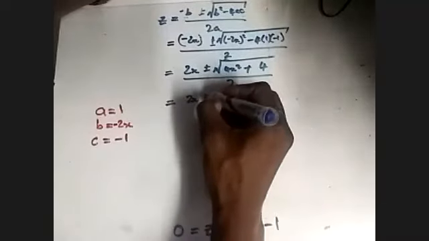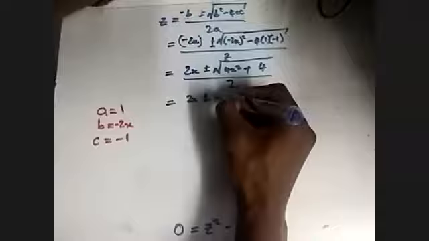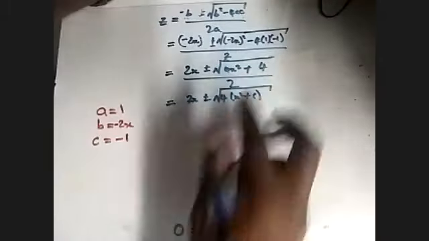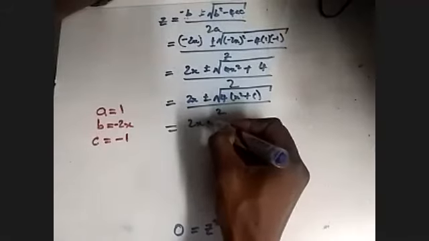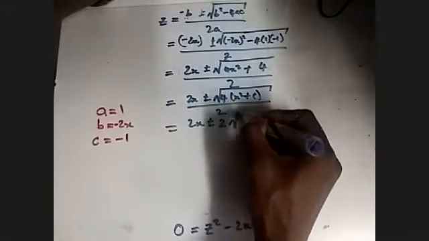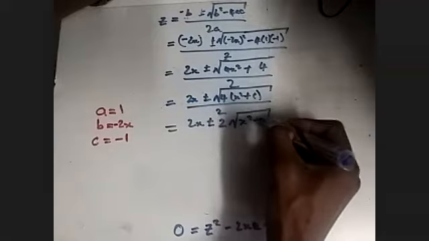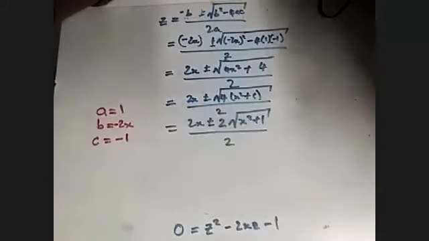We're going to have 2x plus or minus the square root of 4x squared plus 1, because 4 is common on these two, divided by 2, which is going to be equal to 2x plus or minus 2 times the square root of x squared plus 1, divided by 2.